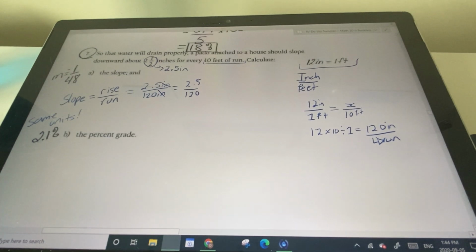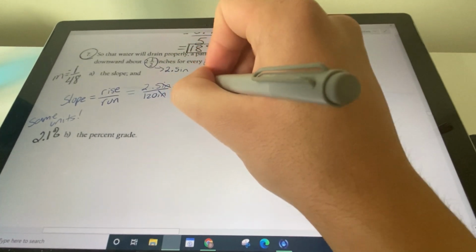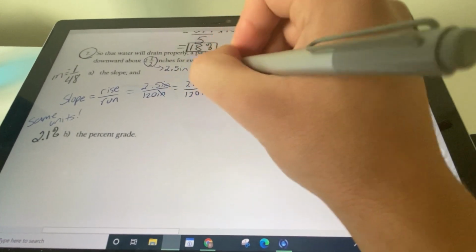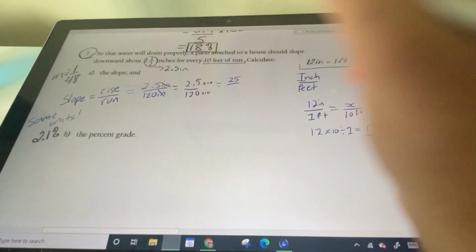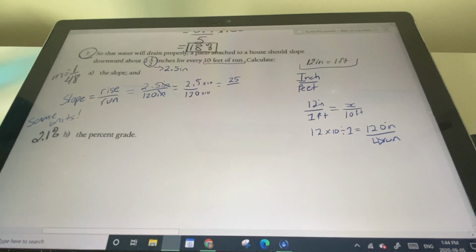Now what's happening here is we have a decimal. We talked about this in 1.1. We need to get rid of that decimal, so multiply both top and bottom by 10. You get 25 over 120 times 10, which gives me 1200.